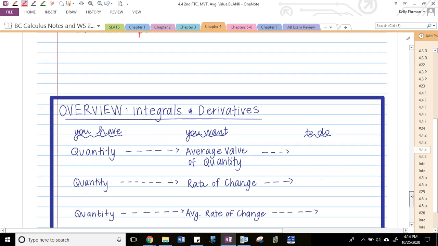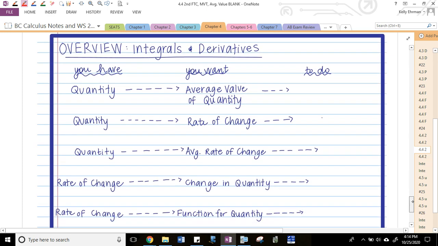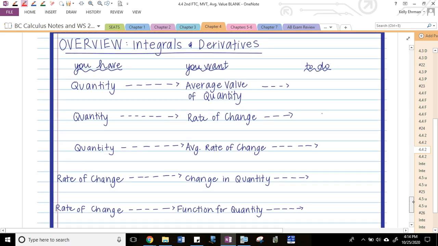Let's have a little bit of a recap here, kind of an overview, going back all the way to the beginning of the year. If you have a quantity like f of x, and you want an average value of that quantity, an f average or f of c, then you need to find 1 over b minus a times the integral from a to b of f of x dx.